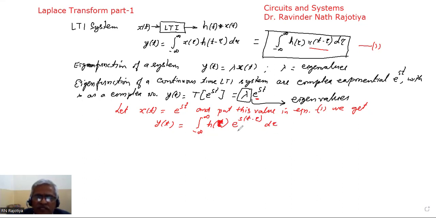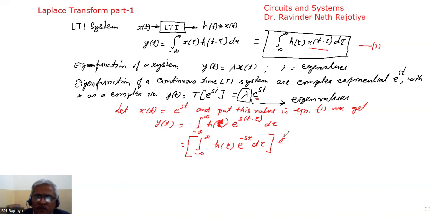Now you can separate e^(s(t minus tau)) into two components, so that you can write it as the integral from minus infinity to plus infinity of h(tau) e^(minus s tau) d tau as one term, and take e^(st) outside.